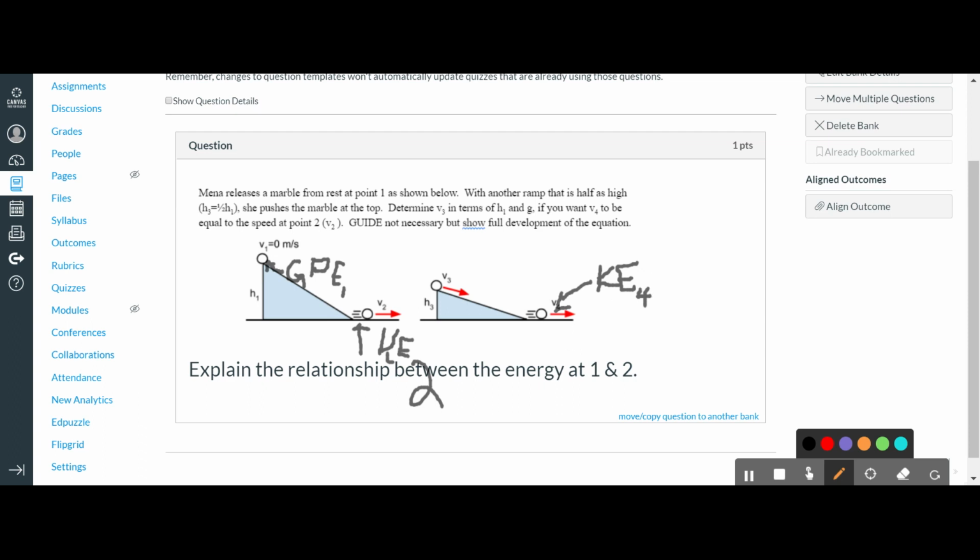Okay. So this one I've been waiting for, because this one's great. This one's interesting. How am I going to label the types of energy here at this point? Did you say that there would be GPE?